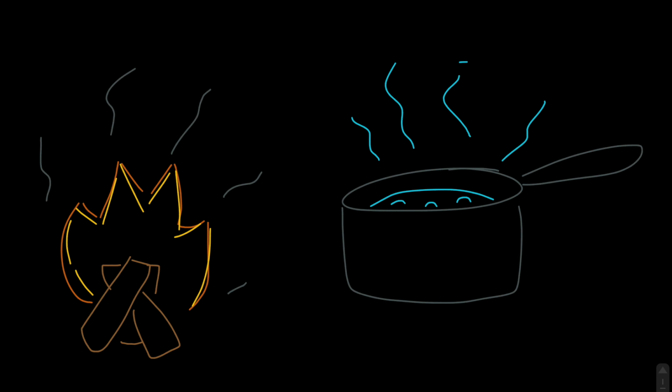This concept can be seen in our everyday life through things like campfires or just boiling water because there's gas being formed. These gas particles are more free to move around than the solid of the wood before or the liquid of the water before, which leads to an increase of disorder in the system.